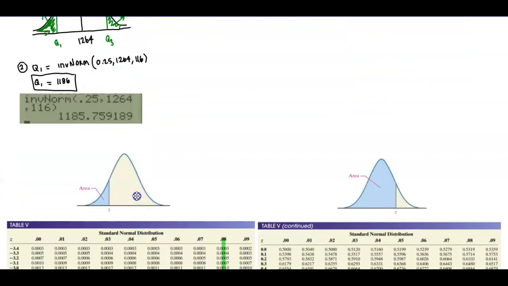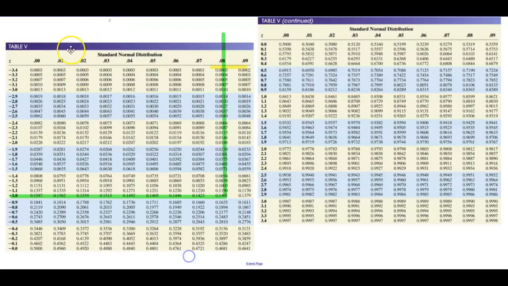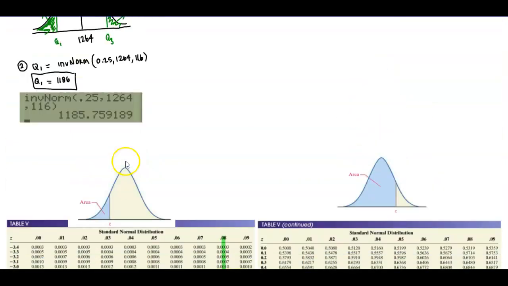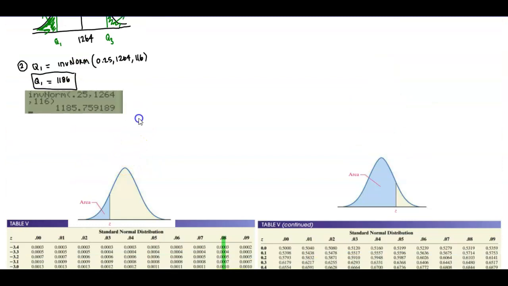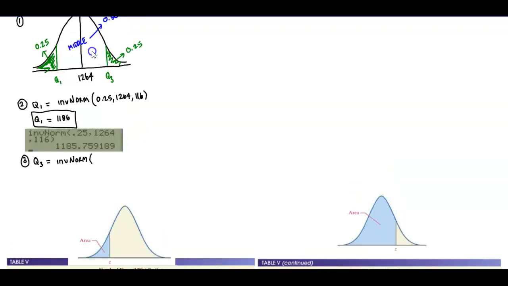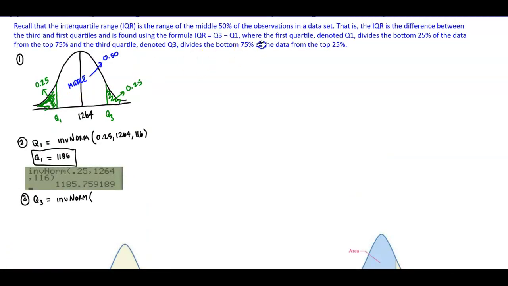Okay, and so now we want to find quartile 3, and we're going to use INV norm. So that means it's going to be the bottom 75%, which is what they said. So that means that this is going to represent 0.75 or 1 minus 0.25, and that's 1264 and then 116.